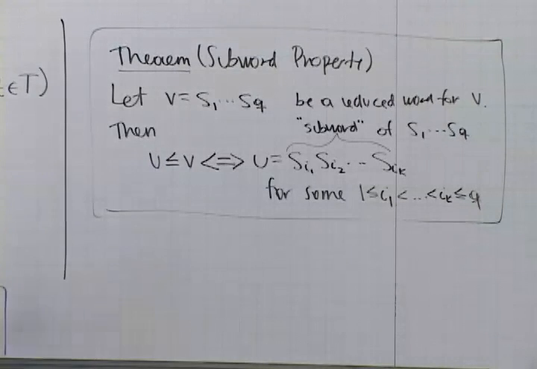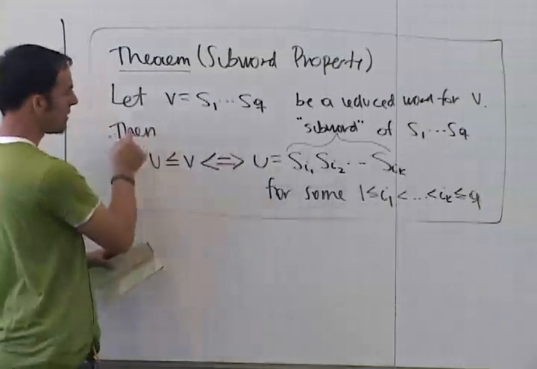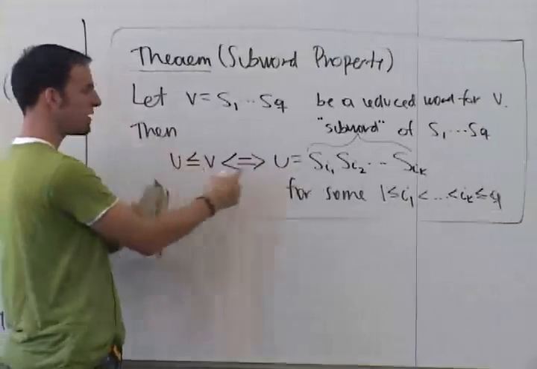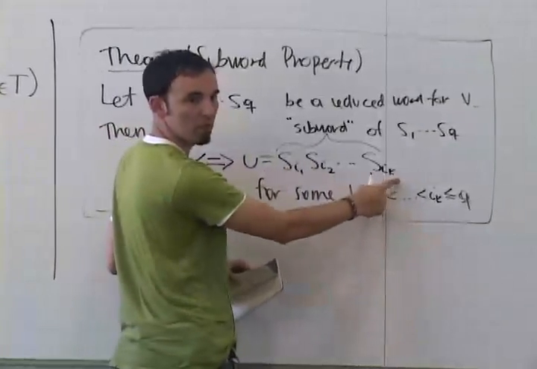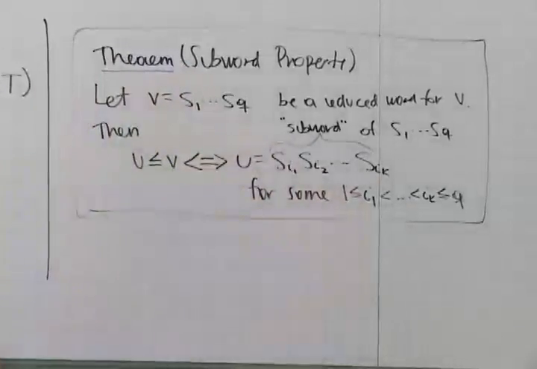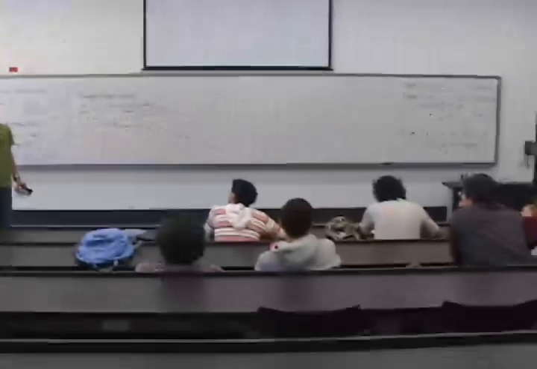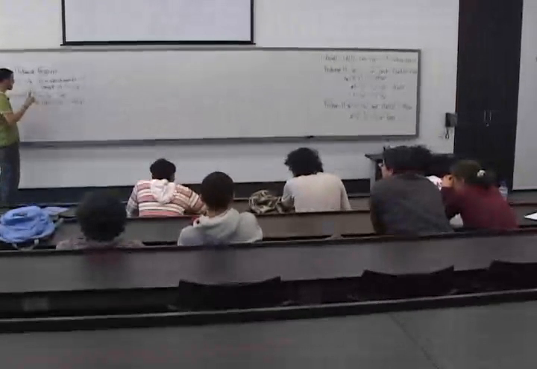Now, sometimes there's two ways of stating this. The first way of stating this is U is less than V if and only if U can be written as a subword. Another equivalent way of stating it... No, so that's a very good question.